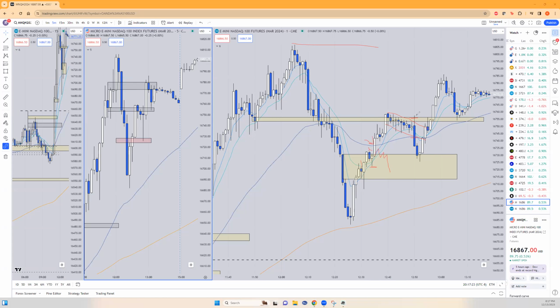So look at what they did. Triggered them immediately without even blinking. Flipped it and triggered their stop losses. So what does that tell me? That tells me that we're 100% going to go long.